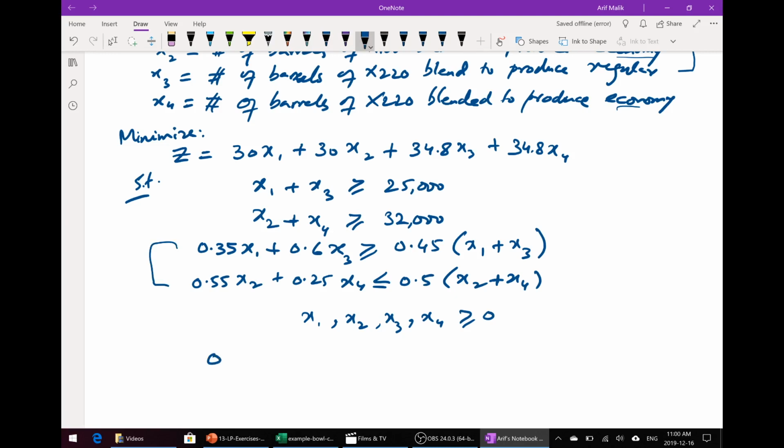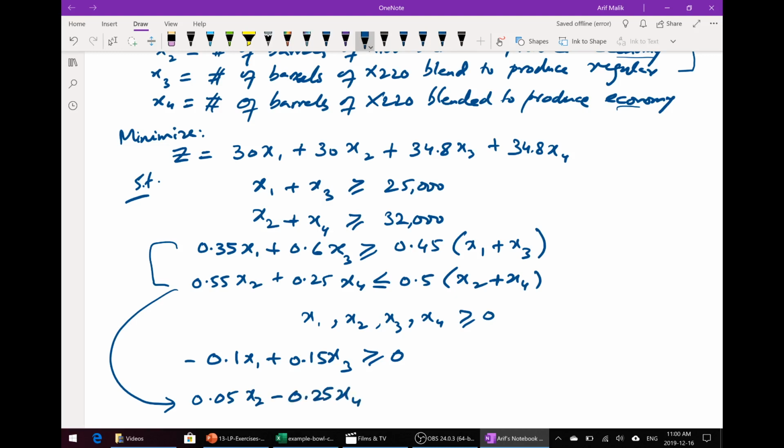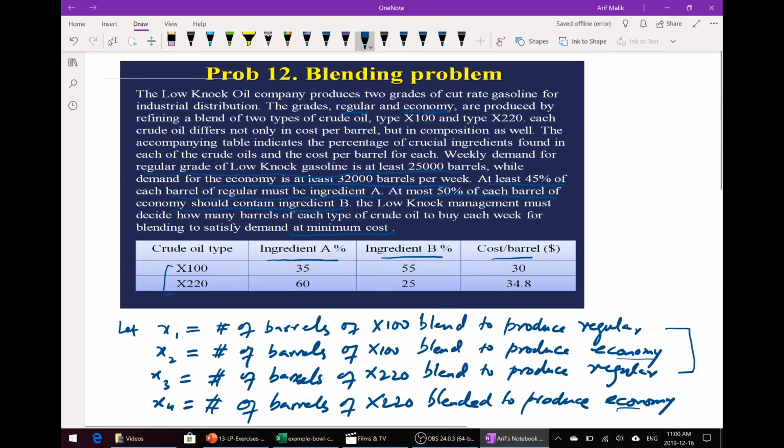This constraint can be written as minus 0.1 X1 plus 0.15 X3 greater or equal to 0, and this constraint can be written here as 0.05 X2 minus 0.25 X4 should be less or equal to 0. So this is the formulation of this problem.